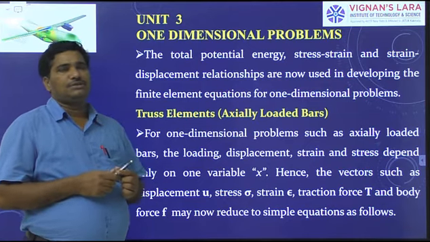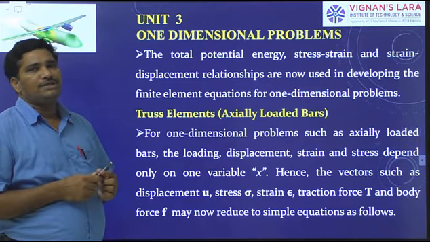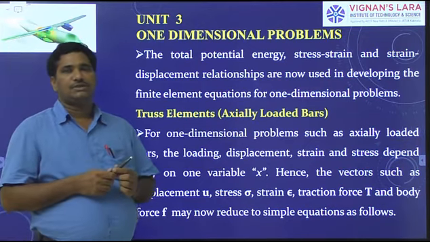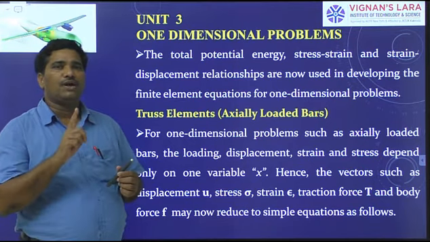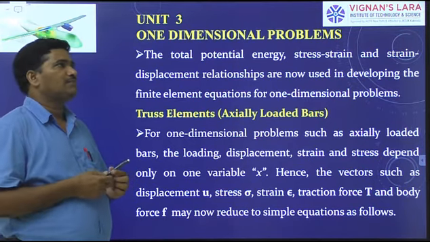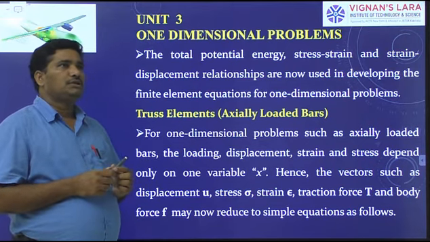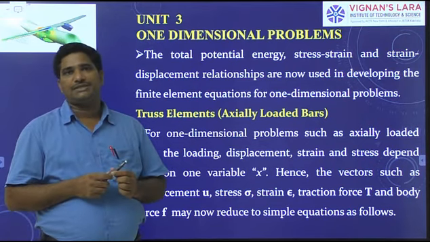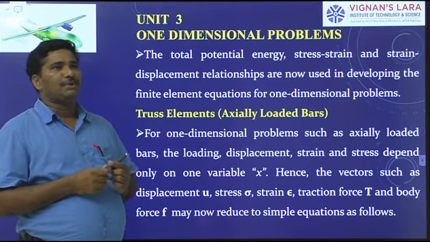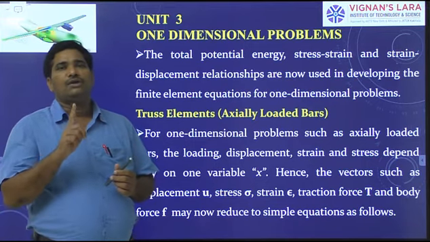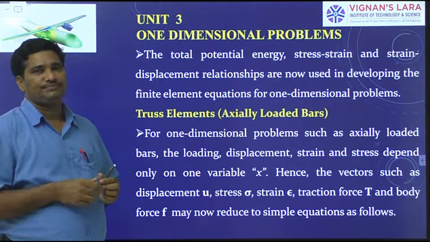We all know that for one-dimensional problems we consider only one coordinate because the geometry of the domain, the properties of the materials and other parameters are dependent on only one coordinate x.